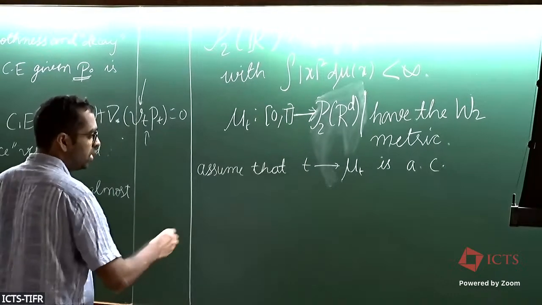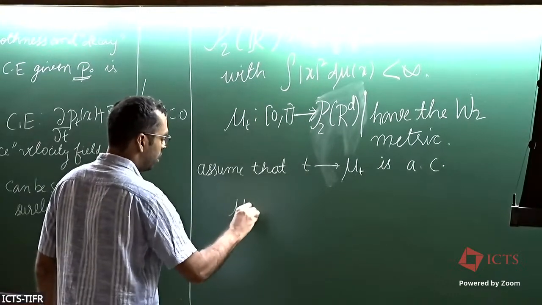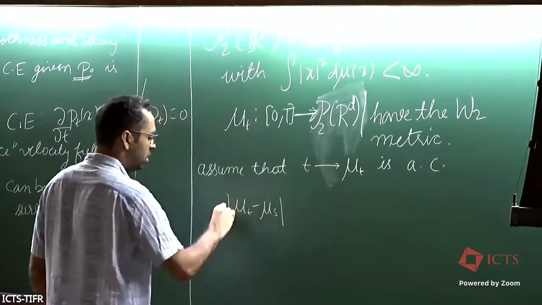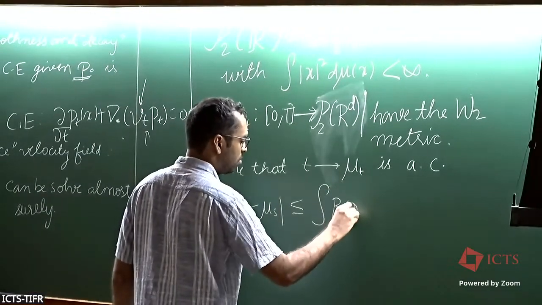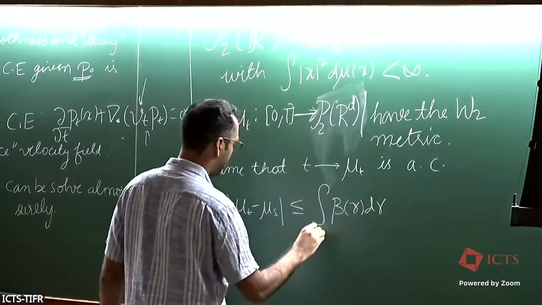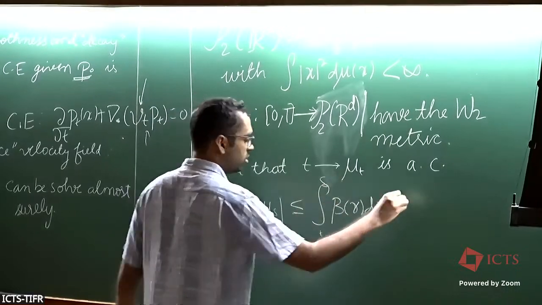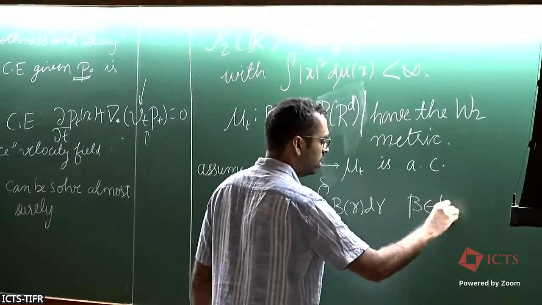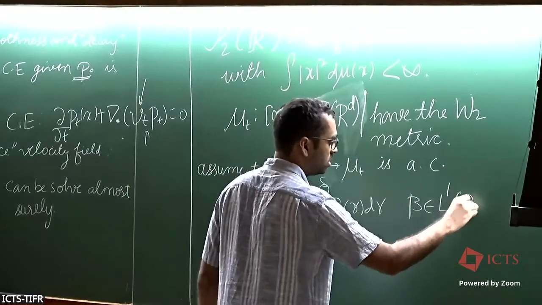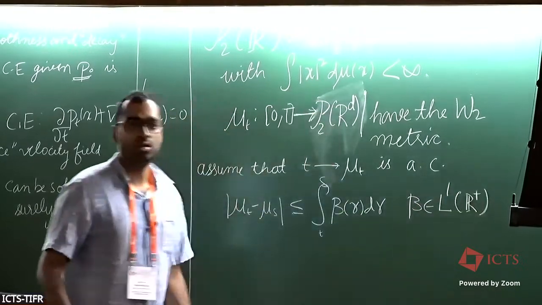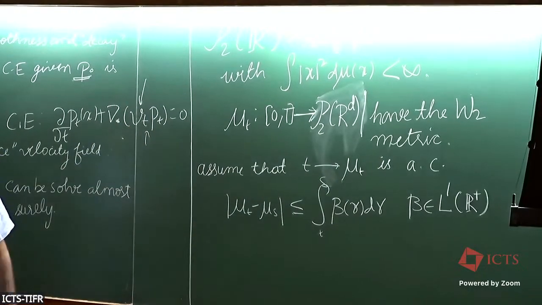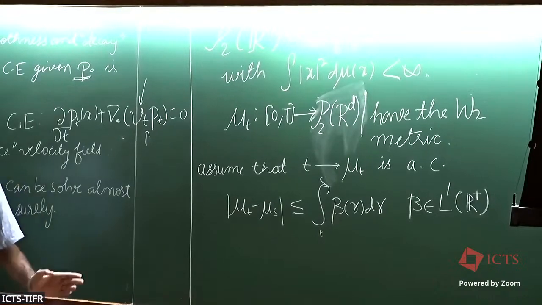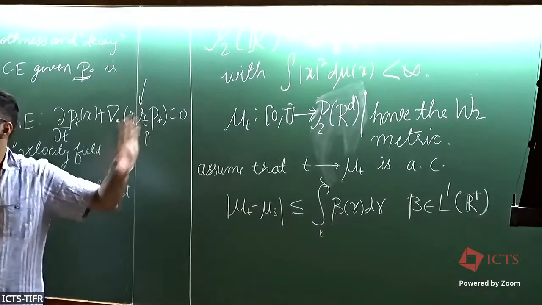Absolutely continuous means that, given a metric, W2(mu_t, mu_s) is less than or equal to the integral of some beta(gamma) d gamma from s to t, for some beta belonging to L1 of R plus. This should hold for every t and s. So this implies uniform continuity, but absolute continuity is much more helpful than this.